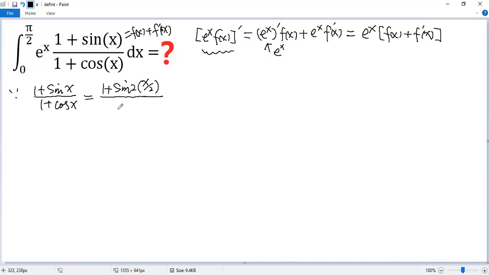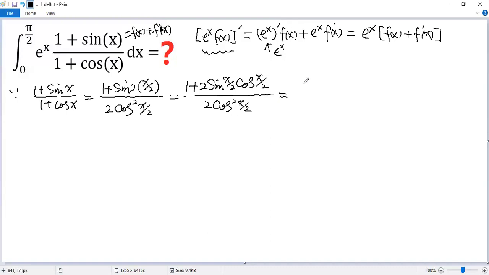For the bottom, use the half angle formula, and we get 2 times cosine half x squared. Using the double angle formula on the top, we get 1 plus 2 sine half x times cosine half x. The bottom is still 2 times cosine half x squared.